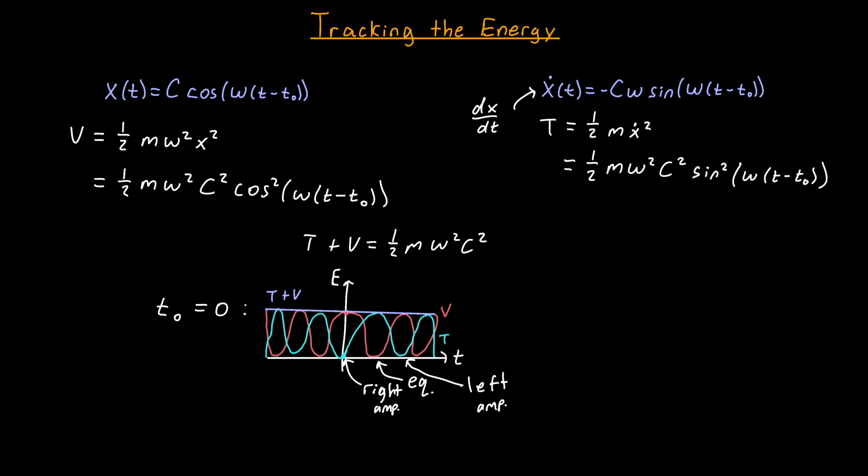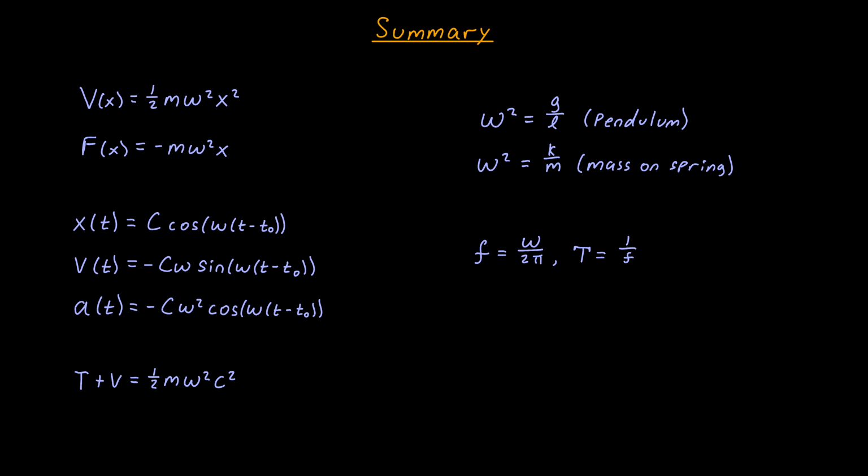So with all that said, let's look back and summarize all of the important things we talked about in this episode. We started out by claiming that anything that's going to undergo simple harmonic motion, by definition, has to have a potential that's quadratic. And the coefficient that we chose to put in front of that potential is 1/2 m omega squared.